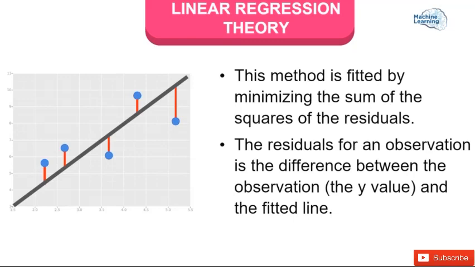Well, we can go ahead and use the least squares method that we discussed. This method is fit by minimizing the sum of the squares of the residuals. The residual for an observation is the difference between the observed y value and the fitted line.